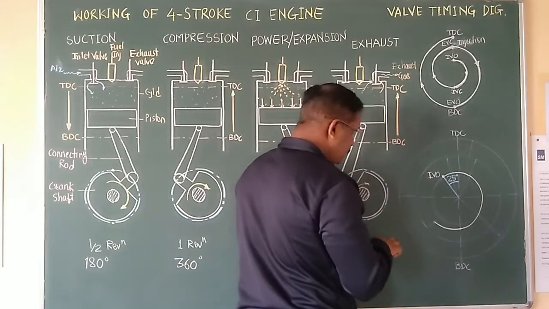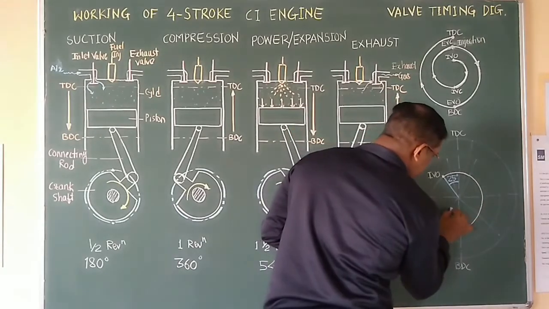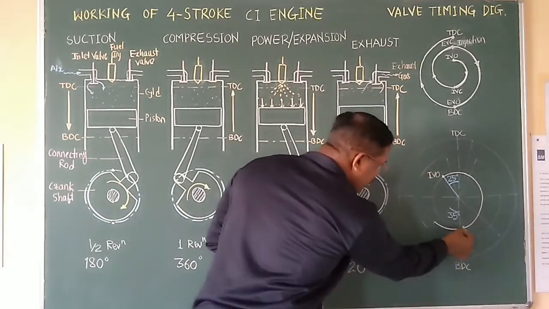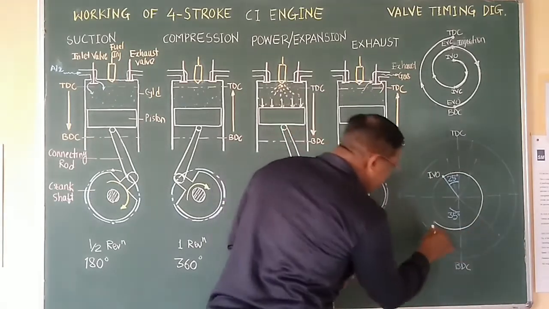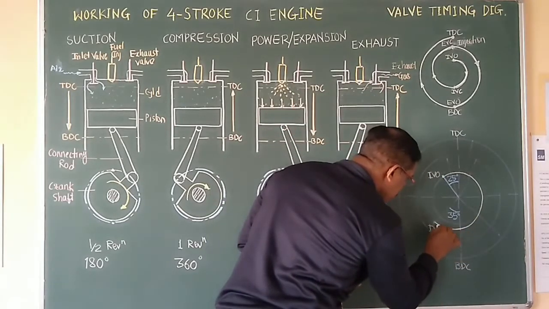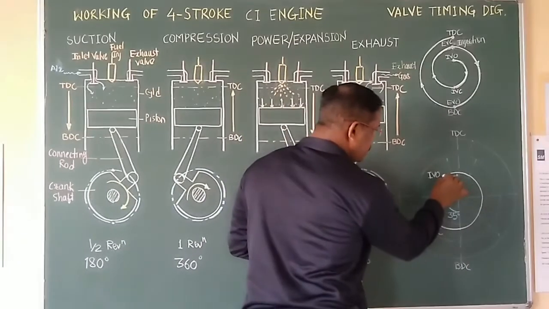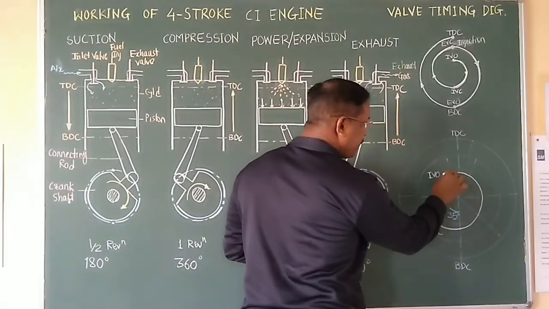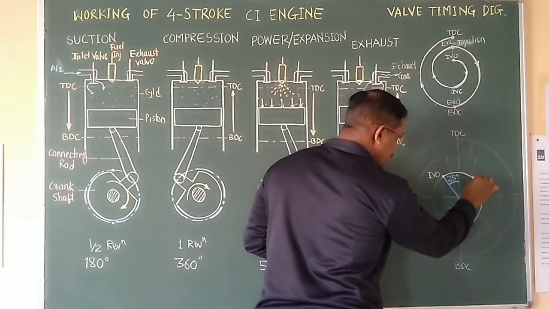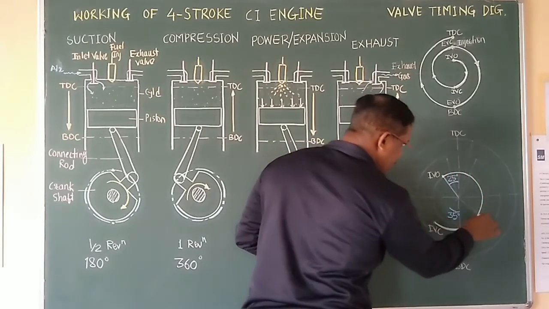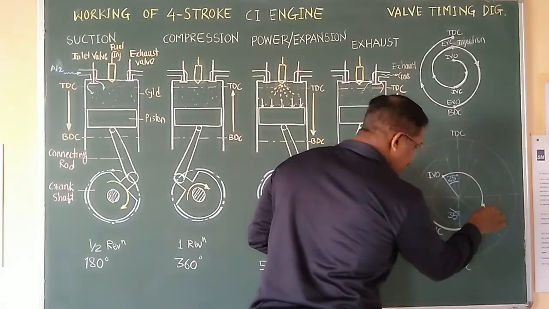And about 35 degree after BDC, the inlet valve closed. So that means from this point, 25 degree before TDC, to 35 degree after BDC, the whole time there is a suction.